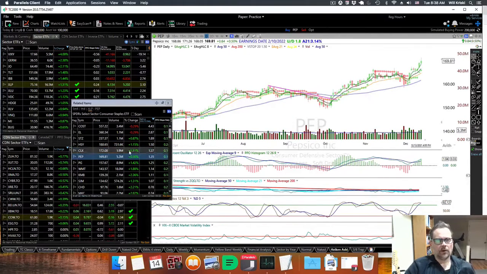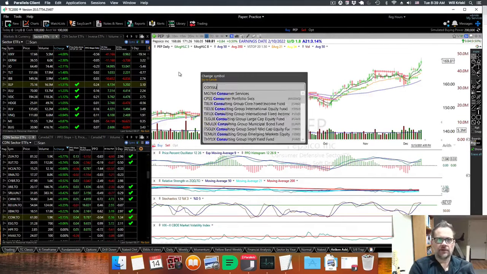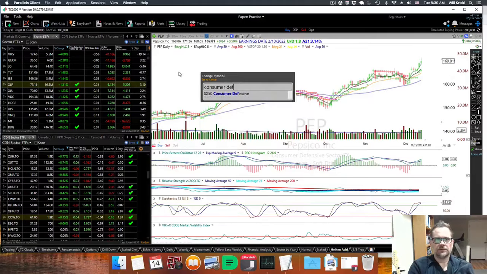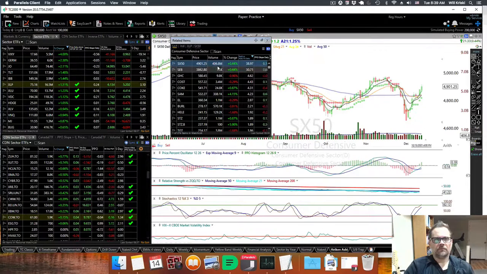That's doing really well. So if you want to buy individual stocks, you can see these are defensive stocks. It says right here, consumer defensive sector. Actually, if you want to look specifically at the consumer defensive sector, you can click on this SX50 and then you'll be able to see all those stocks.